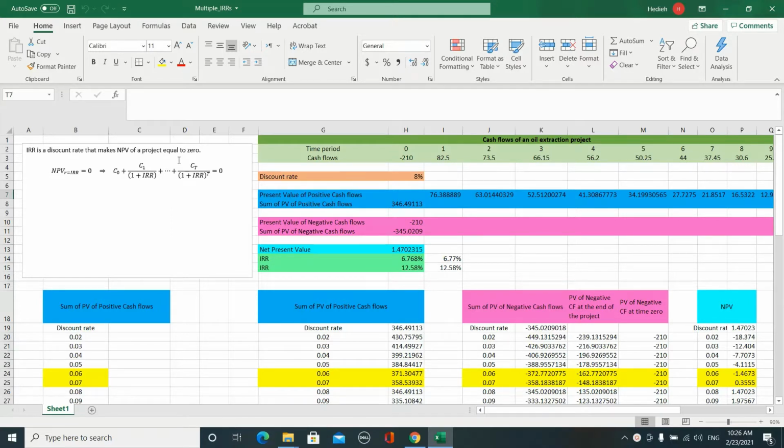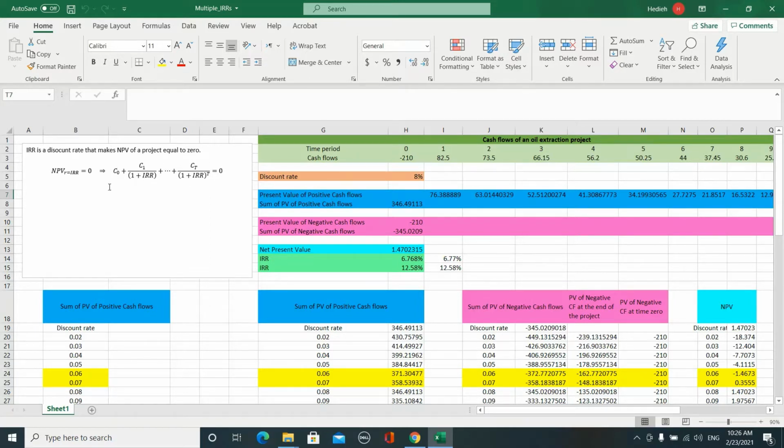In other words, it is a discount rate that makes the present value of negative cash flows of the project equal to the present value of the positive cash flows of the project. So when we set NPV or net present value of a project equal to zero, we find internal rate of return or IRR.